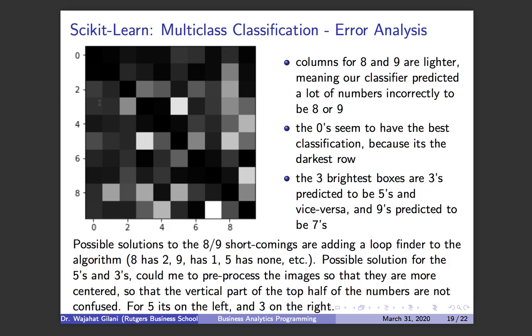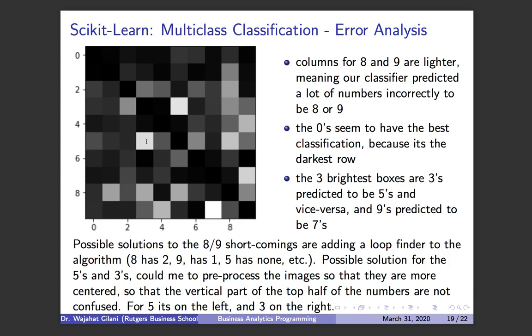Remember, the rows are actuals. This is 3 right here. This is the real 3s. And right here, for some reason, a lot of the 3s in our classifier are incorrectly being predicted to be what? We have the scale down here. So here's the 3. Down at my bottom is what? 5. For some reason, the 3s are being predicted as 5.